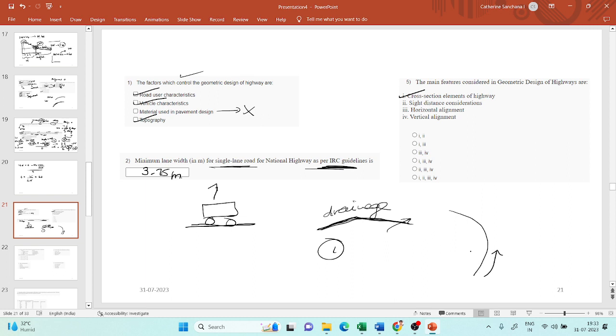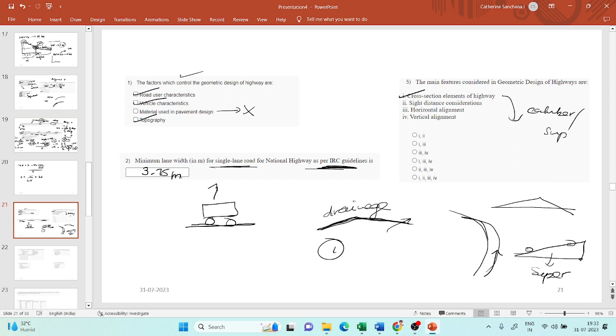In order to balance the vehicle, in this curved section your road cross section will not be flat, but raised on one side. This is called super elevation. So these are the cross-sectional elements I'm talking about: camber, super elevation.